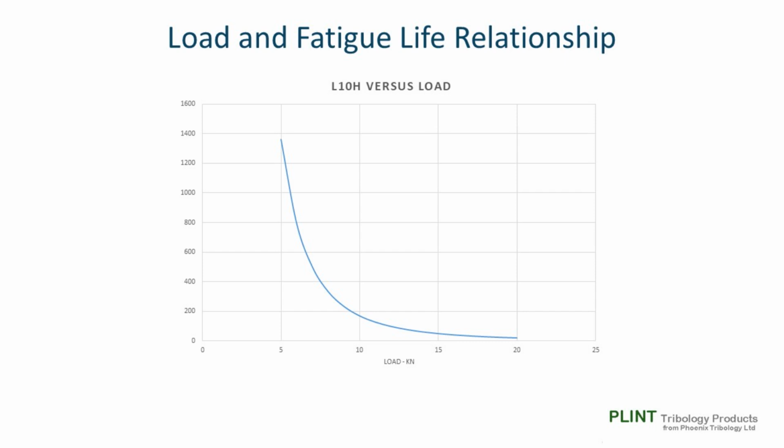The key thing to note from this is that increasing the load from 5 kilonewtons to 10 kilonewtons reduces the L10 life from 1,360 hours to 170 hours, in other words, by a factor of 8. Increasing the load from 10 kilonewtons to 15 kilonewtons reduces the L10 life to 51 hours, in other words, by a factor of 3.3.